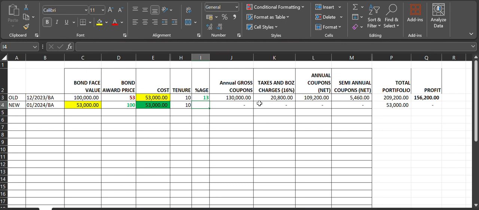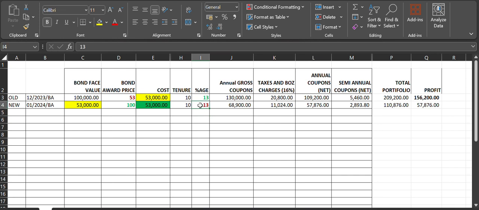So let's assume the new method will give us 13%, meaning that it will maintain the coupon rate. You can see that the profit will decrease substantially, meaning that if that were the case, the old method would be better than the new method.